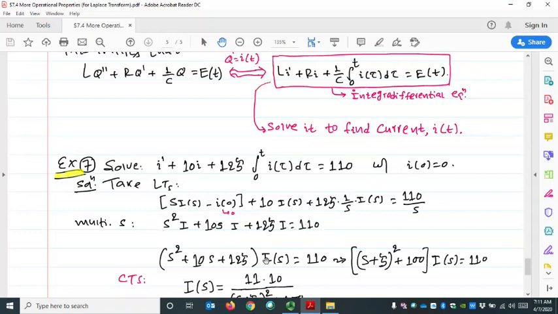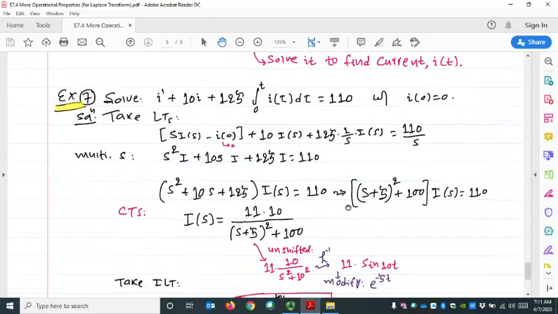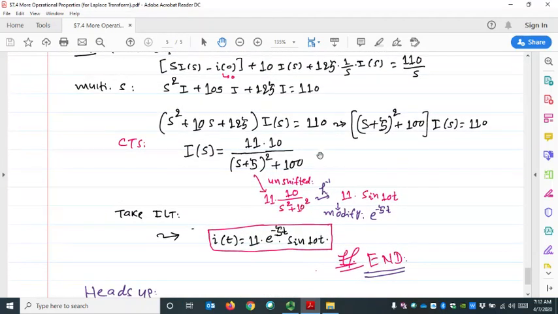Then take capital I of s and factor out: s squared plus 10s plus 125 times capital I of s equals 110. Let me scroll down. Then use completing the square.